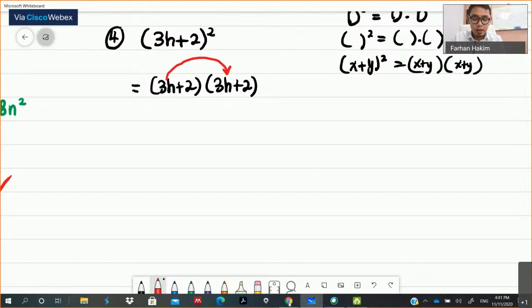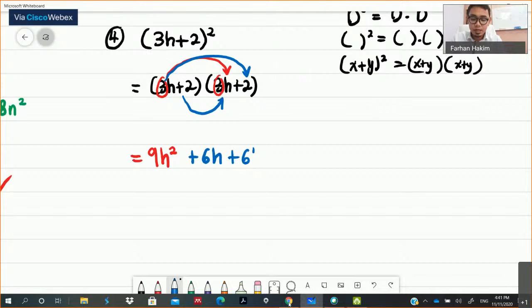All right, so 3h multiplied by 3h. So I will have 3 multiplied by 3, we get 9. H multiplied by h square. Okay, now we want 3h multiplied by 2. 3 multiplied by 2, we get positive 6h. And then 2 multiplied by 3h, 2 multiplied by 3, we get 6. So also positive 6h.